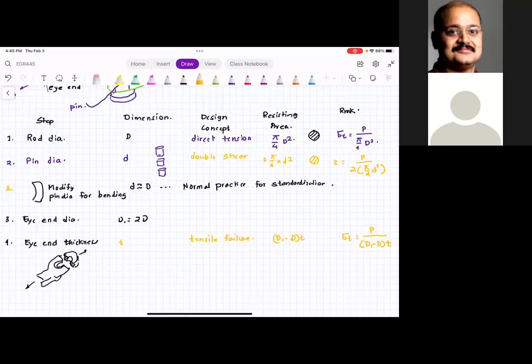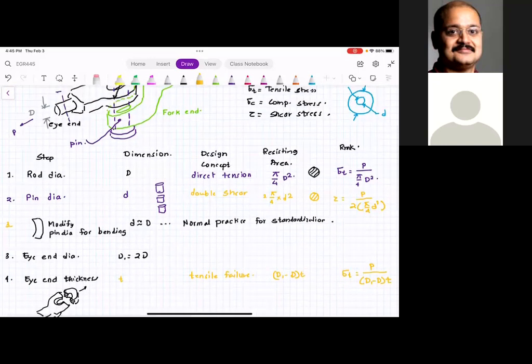Capital D is now the same as the pin diameter because we modified the pin diameter over here.